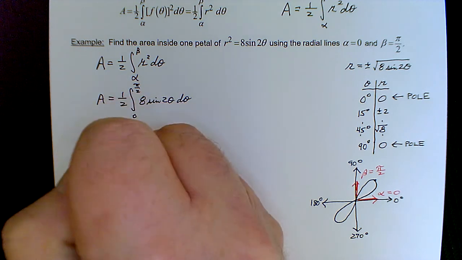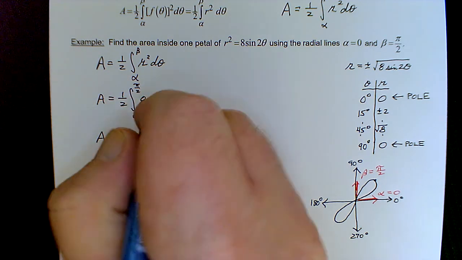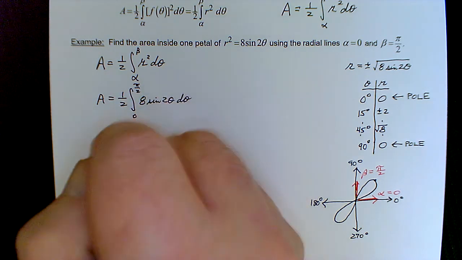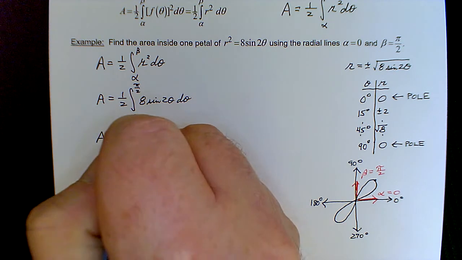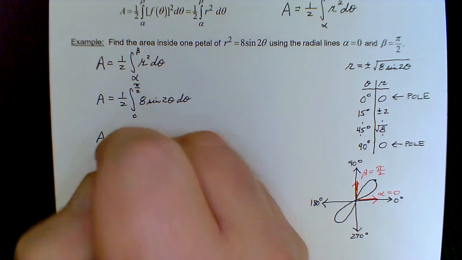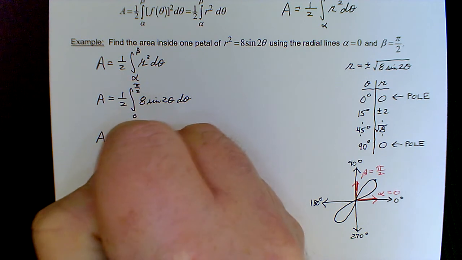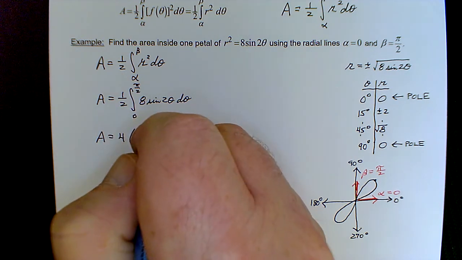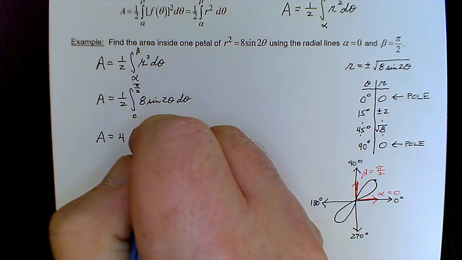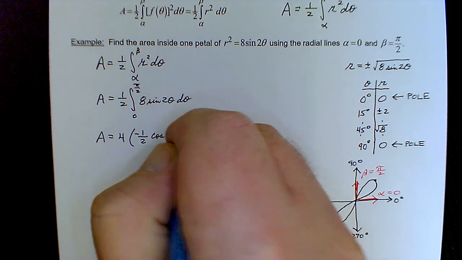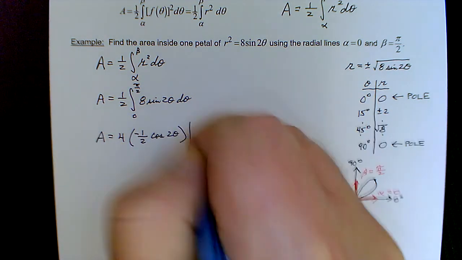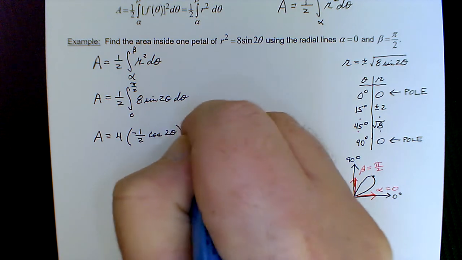So 8 times 1/2, I'll bring out the 4, integrate sine of 2 theta, we get negative cosine, and because of the argument 2 theta modified by 1/2, that's our linear argument rule, recall. So negative 1/2 cosine 2 theta, and that's evaluated from 0 to pi over 2.